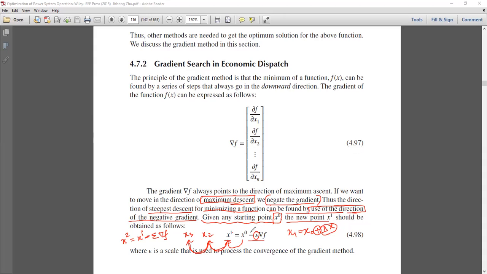Should we choose epsilon constant or variable? Means, should we teach the algorithm at a constant rate or at a variable rate? Variable rate. This could be achieved in two ways.